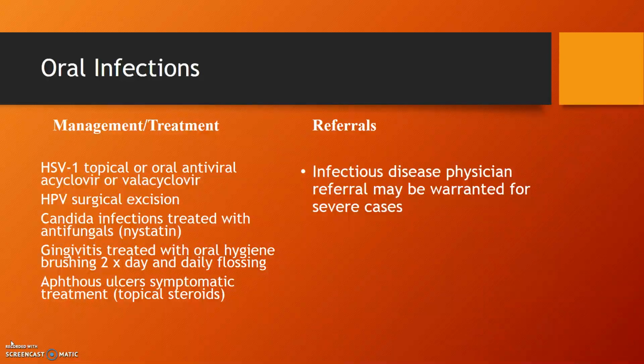Aphthous ulcers get symptomatic treatment. Some people like topical steroid. I was taught a combination of baby Orajel, liquid Benadryl, and liquid Maalox in equal parts. Shake it and then apply it in the mouth for symptomatic relief, and it does tend to help.